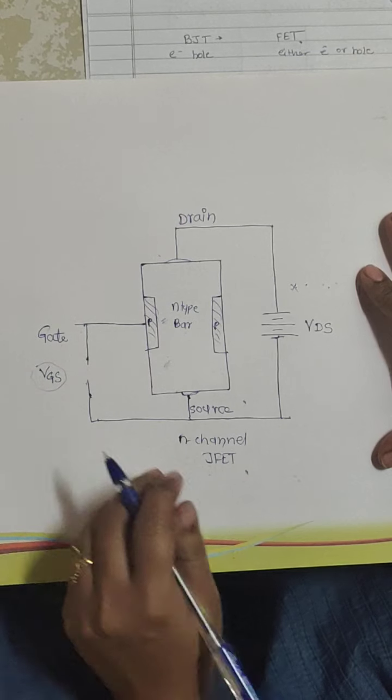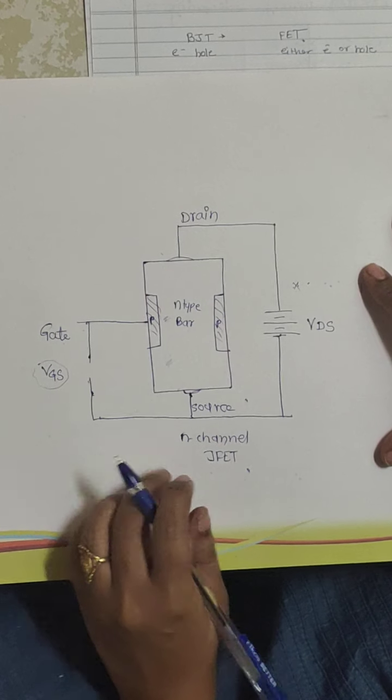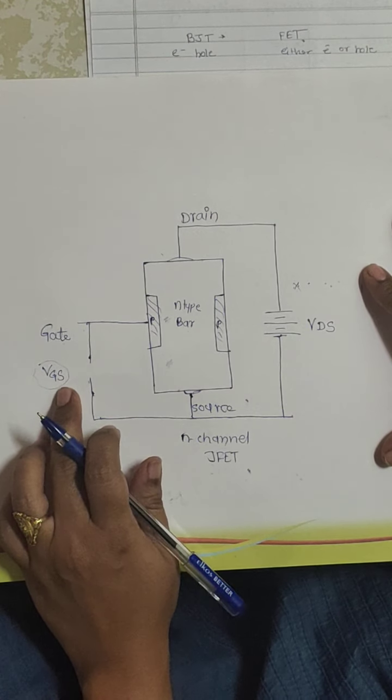This is called VGS, that is the voltage between gate and source terminal.